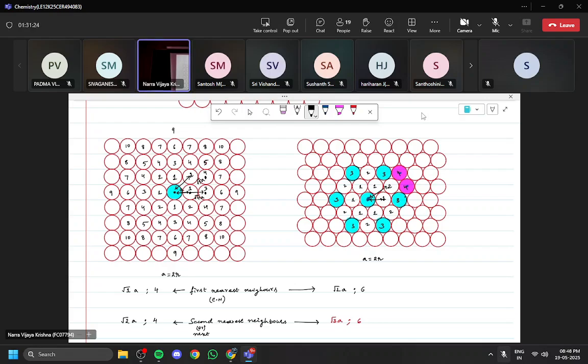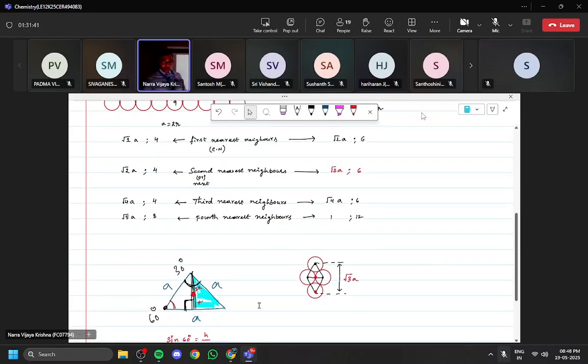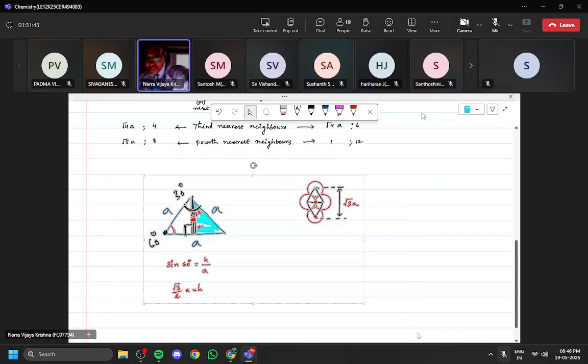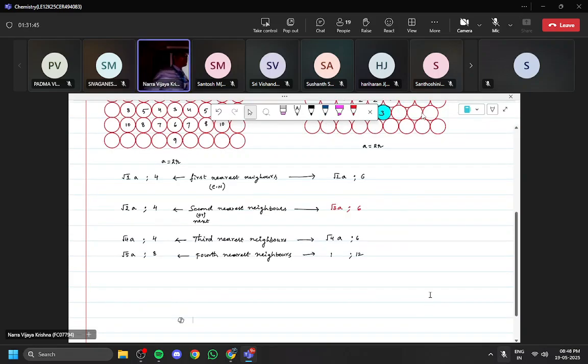So a and 5a by 2. 7a by 2. Root 7a by 2 or 7a by 2? Find that distance, man. That is your work. Find it by next class. Find the fourth nearest neighbor. Right?